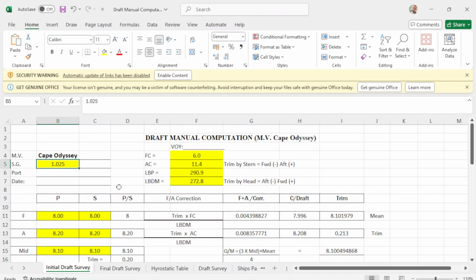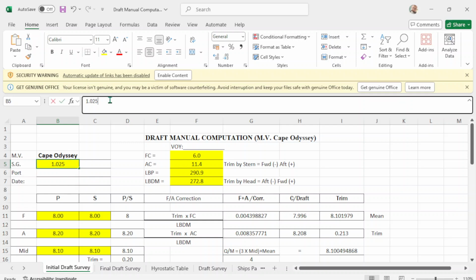I made this one as a manual draft survey. You have all these corrections, aft correction, LBP, and LBM. In the initial survey, the density was 1.021.